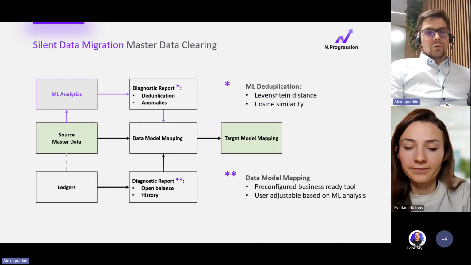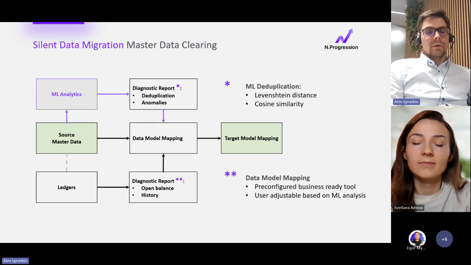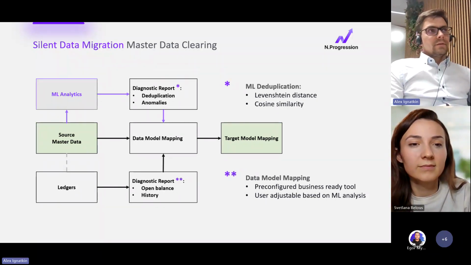So the mapping shows how the system needs to transfer all this data from the old system to the new one. We have a machine learning analyst tool which can analyze your master data, and based on this information, the system can prepare a report which includes some suggestions about deduplication and some anomalies.